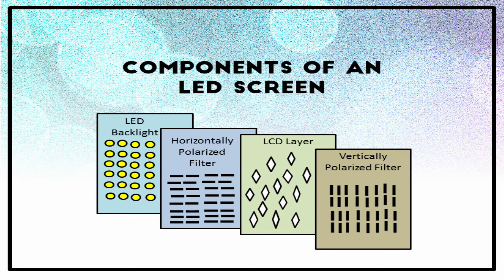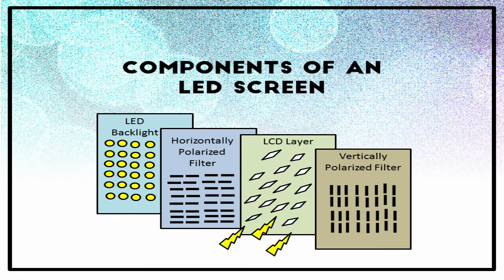To control the amount of light passing through each pixel, an electric current is passed through the liquid crystal layer. The crystals will align themselves in the direction of the current, stopping the light from passing through once again. The strength of the current controls the amount of light coming through. For this configuration, the stronger the current, the darker the screen.